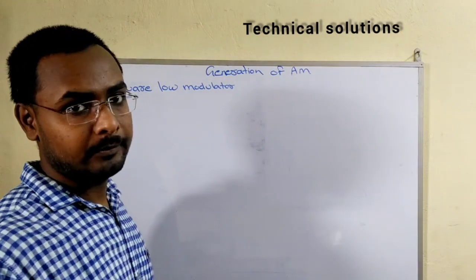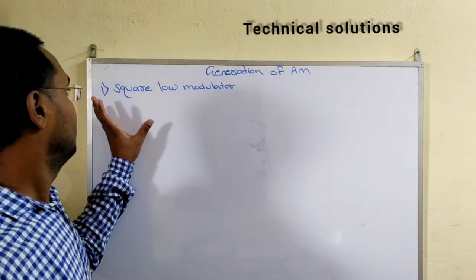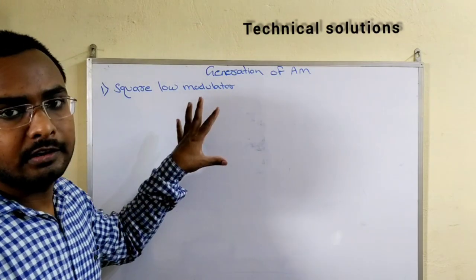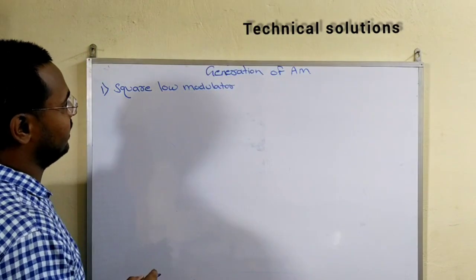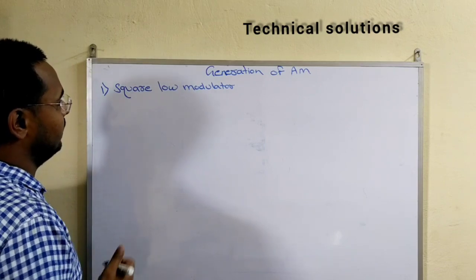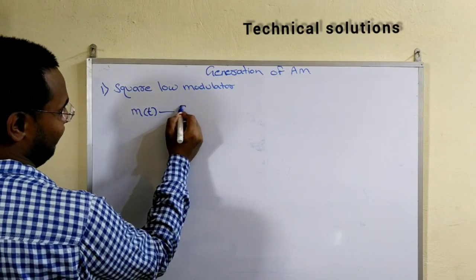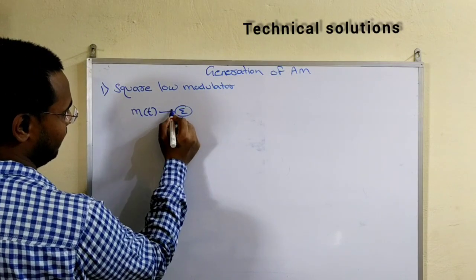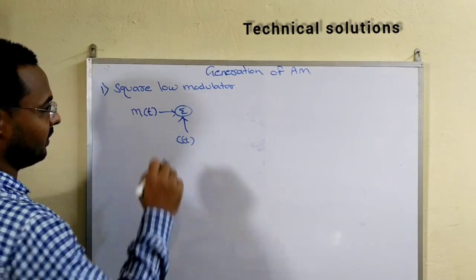Square law modulator. How we can generate the AM signal based on the square law modulator method. Fine. For generating any AM signal, we need a message signal MT plus a carrier signal CT.